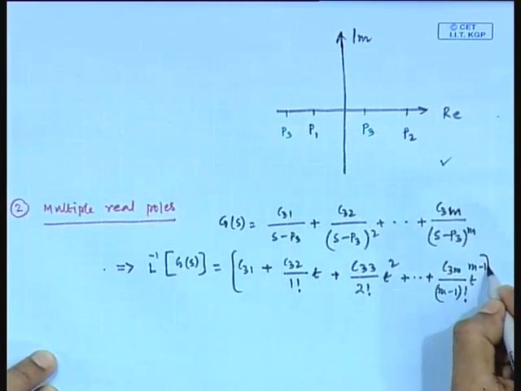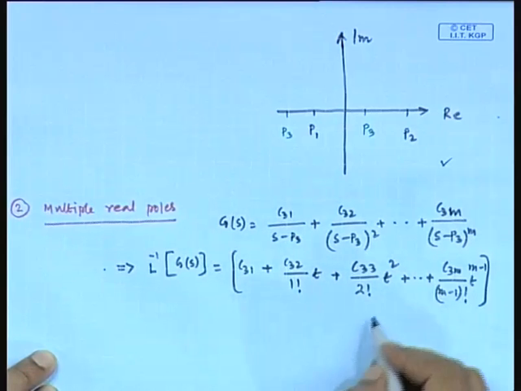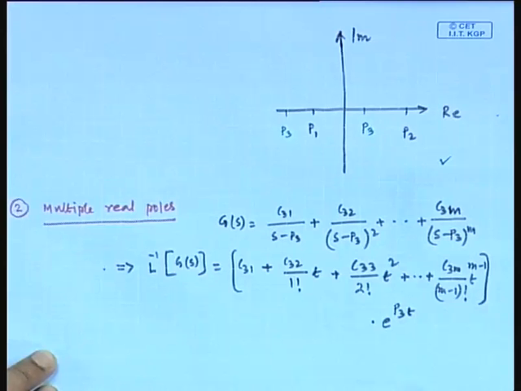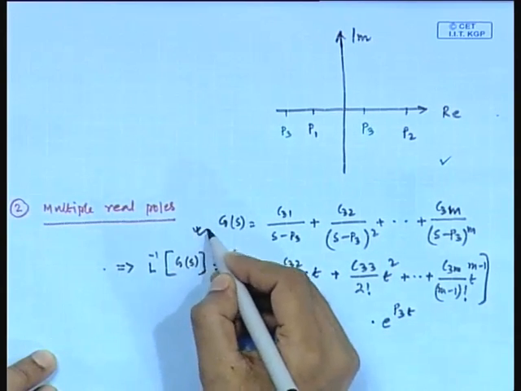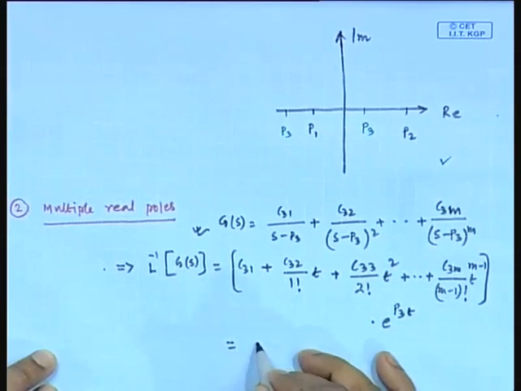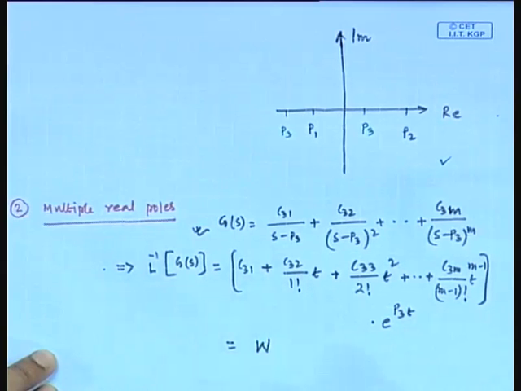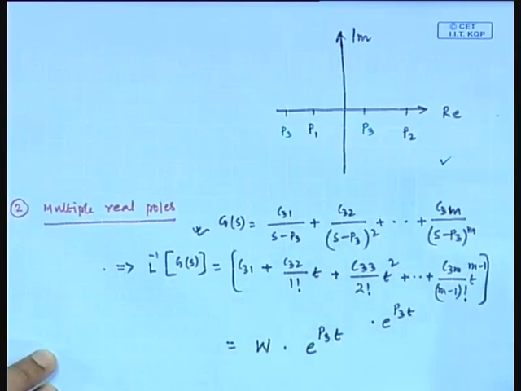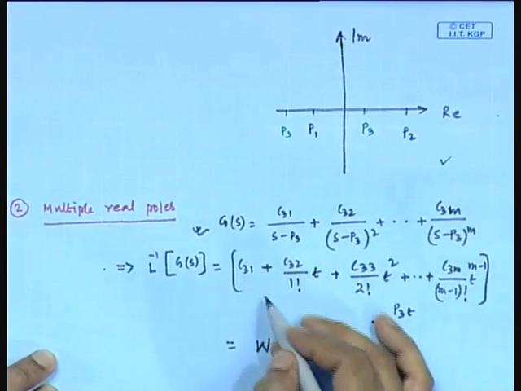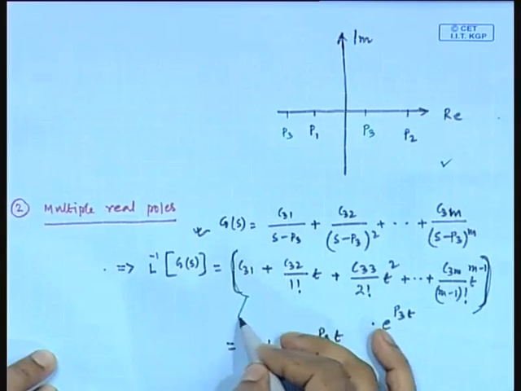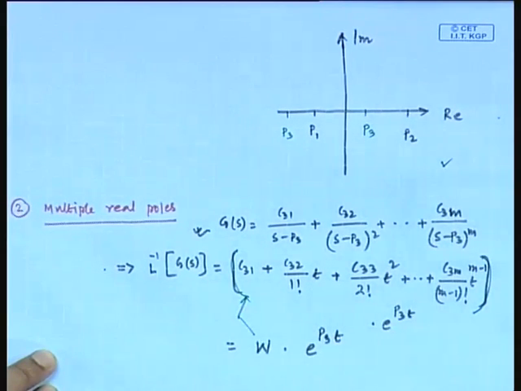This will be multiplied with exponential of P3 t. If we take the inverse Laplace transform of this transfer function, we get this. Suppose I am writing this whole part as W multiplied by e to the power P3 t.